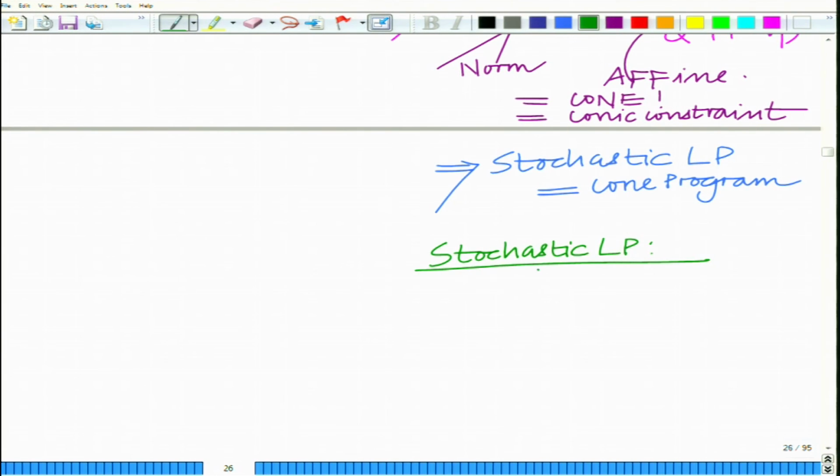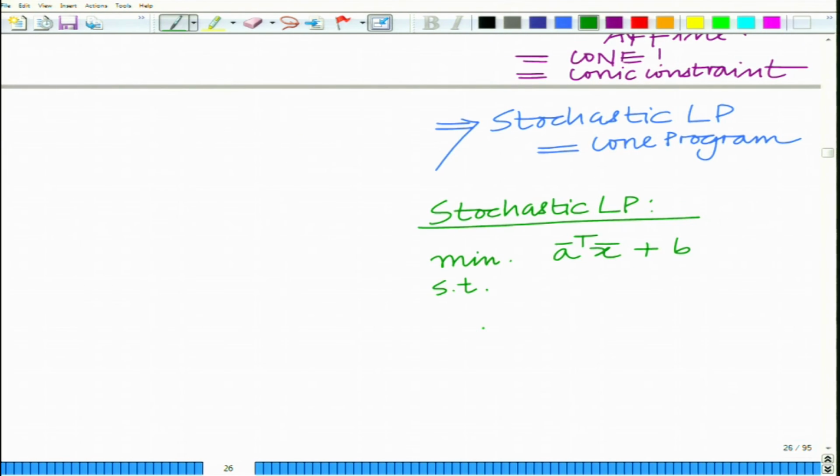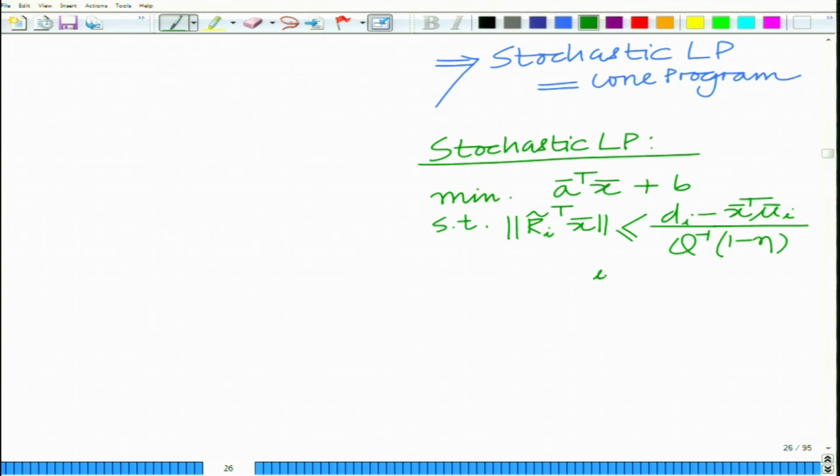That is basically minimize A bar transpose x bar plus B subject to the constraint that the norm of R_i tilde transpose x bar is less than or equal to (d_i minus x bar transpose mu bar_i) over Q inverse of 1 minus eta_i, for i equal to 1 to L. In fact, this can be eta_i, it does not really matter.